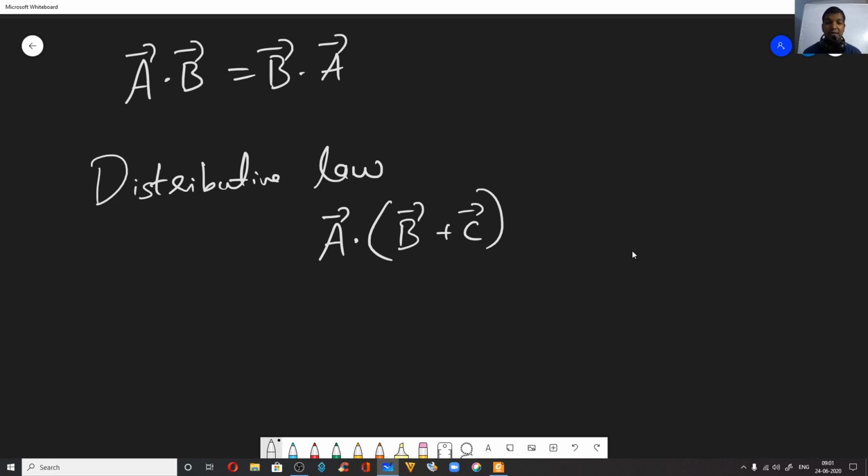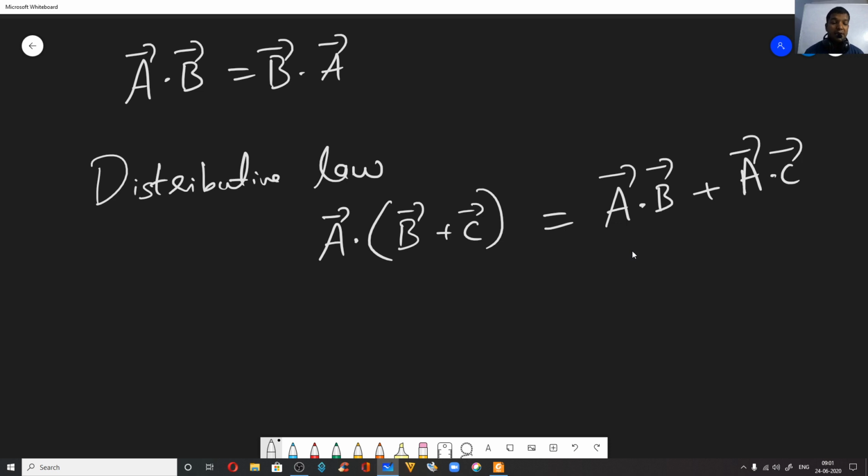So you are performing the dot product with a as the first vector, and the second vector happens to be the resultant of b and c. If you do that, you can also get it by doing a dot b plus a dot c.